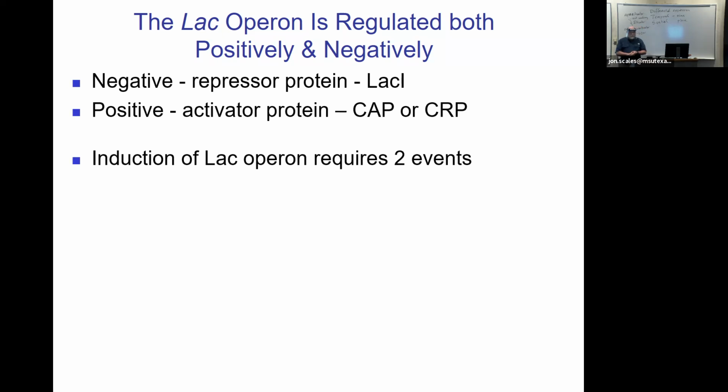Now, CAP also goes by the acronym CRP. CRP stands for cyclic AMP response protein, and CAP actually stands for catabolite activated protein, but the catabolite is like lactose or something else.